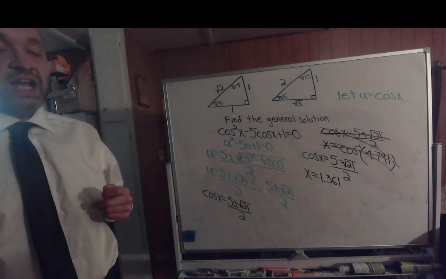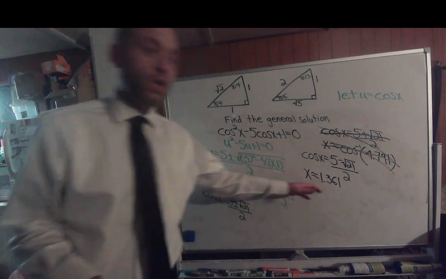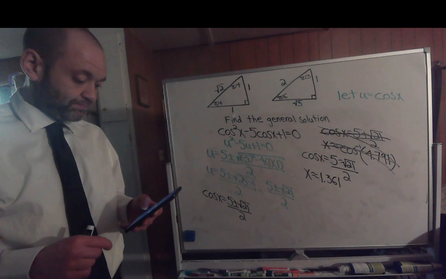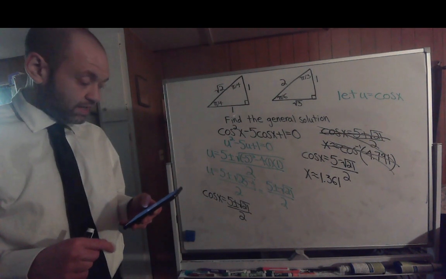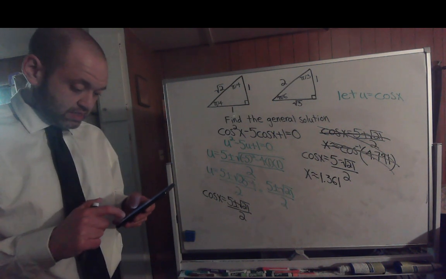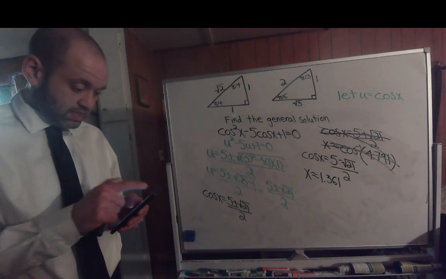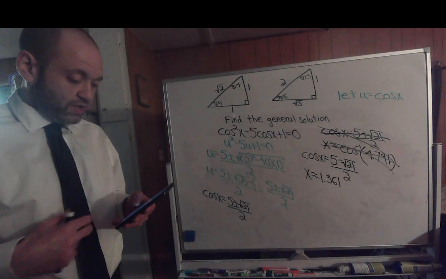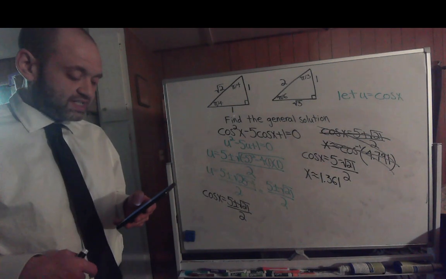But you're also going to have another solution in the third quadrant. So what we have to do is take pi minus that answer. So you get approximately 1.781.